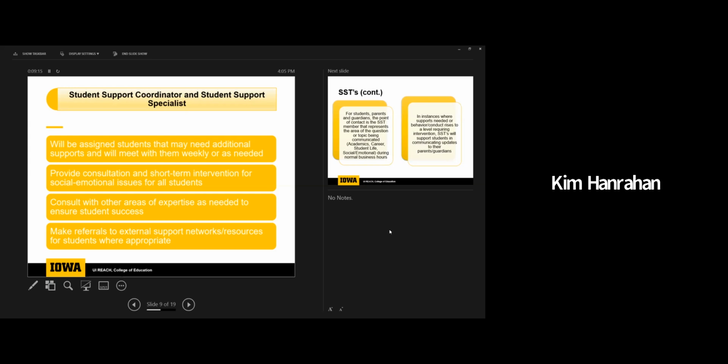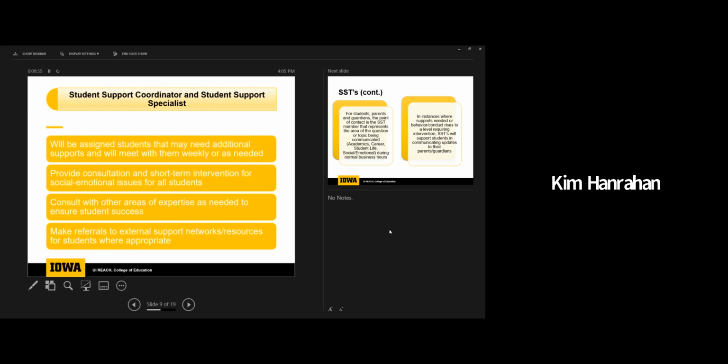So Kate and I will be assigned to the students that we've identified as perhaps needing more support than other students. Again, if a student gets the supports that they need, we feel they can be successful here. For us, that usually means that we'll take most of the incoming first year students, because that first semester is where we'll identify and get to know students and what their needs are, and then start implementing strategies to help them be successful, and interventions and supports that they will need in all of their time here.